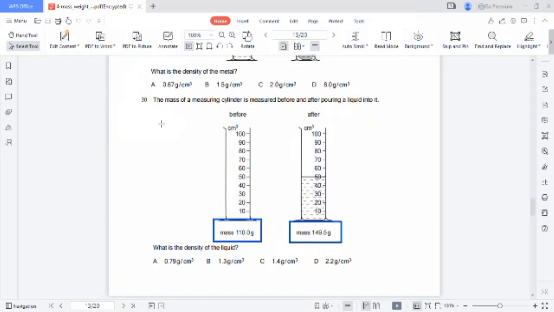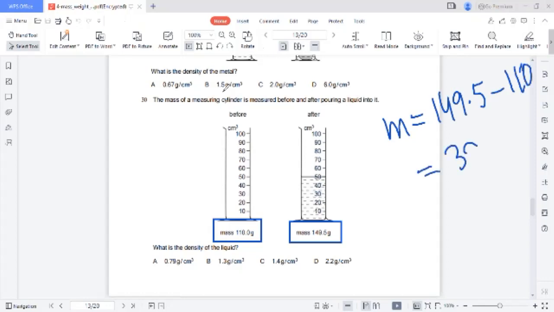So if we subtract them, that would be the mass of this liquid. Let's calculate mass. New mass is 149.5 and previous mass is 110. So it is 39.5. This is the mass.